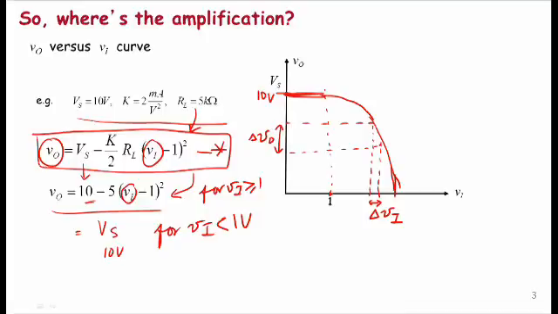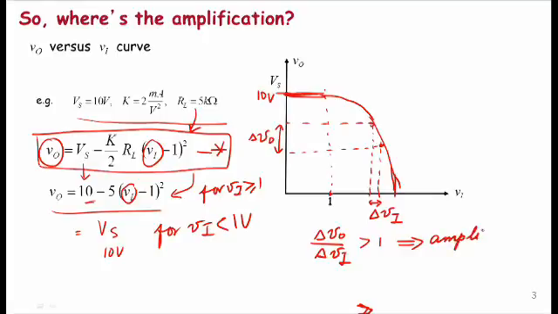So for a small change in VI, which articulates this part of the curve, I'm going to get a large change in VO. In other words, delta VO divided by delta VI, as you can see from this graph, is greater than 1. And this implies amplification.